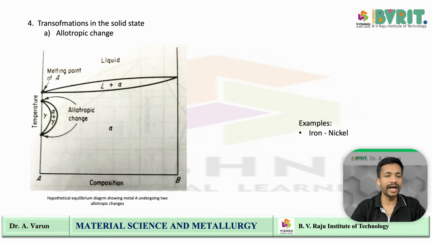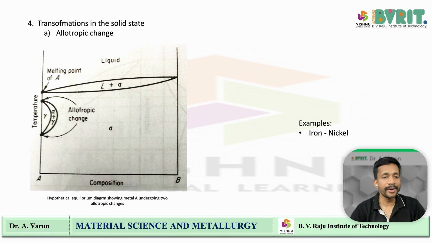You can see here at this phase you have a liquid, and let's say this is the melting point, and you can see there is a change in the region, and it is something called the alpha zone, and then you also have the beta zone. So you have gamma and alpha present, which is nothing but a different crystal structure altogether.